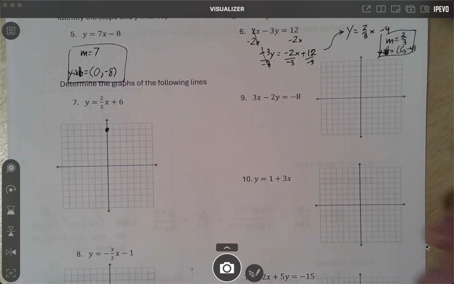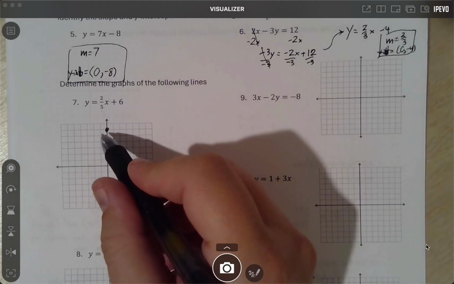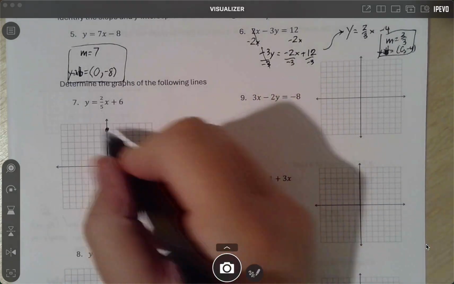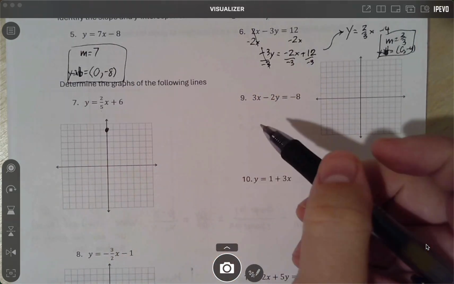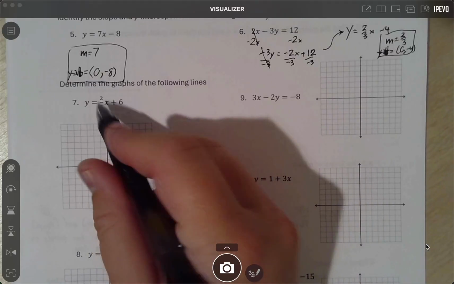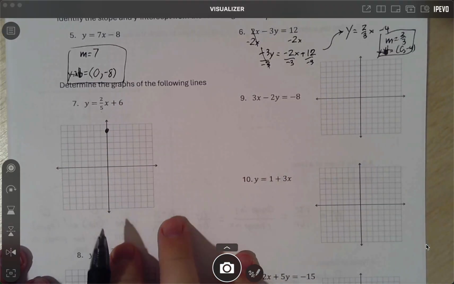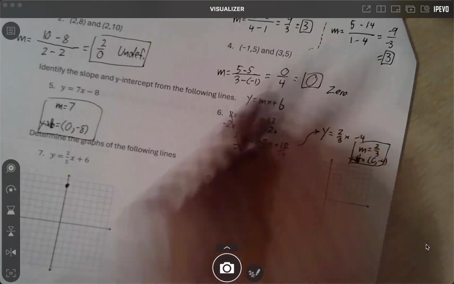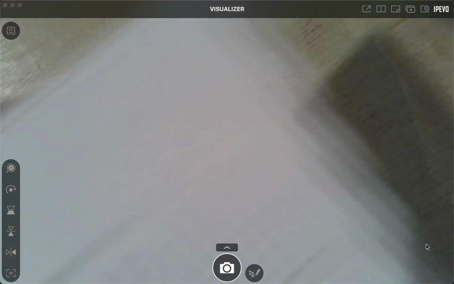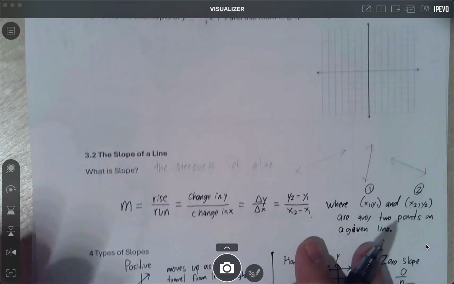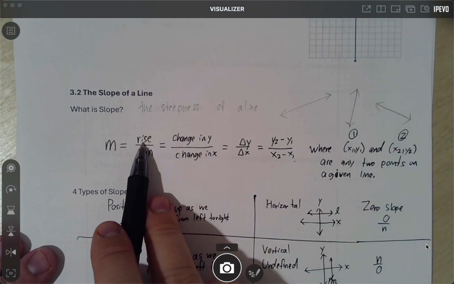Now, I wanted to do this example first because it's going to show up in your homework where sometimes your y-intercept is going to be pretty high up the window, so to speak, of what you can graph. And so technically, to use this slope of 2/5, let's go back and review some of those definitions. We said that a slope can be referred to as the rise over run.